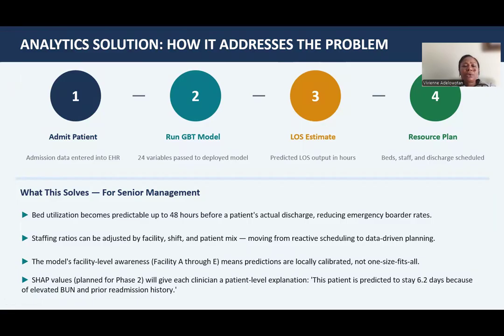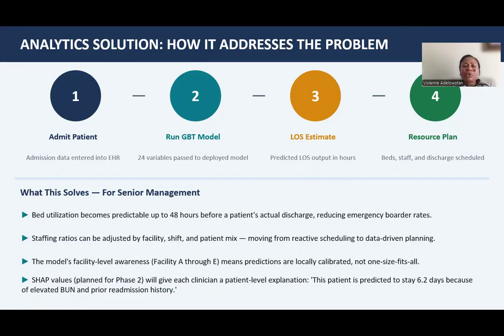Analytics solution, how it addresses the problem. This is where the analytics directly answers the business problem. At admission, the GBT model runs in real time and outputs a predicted length of stay.